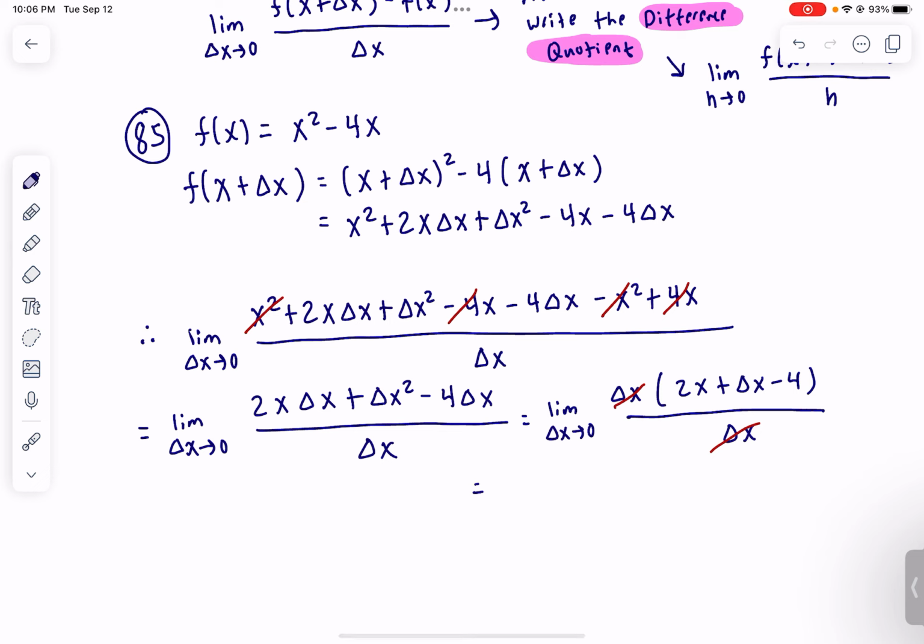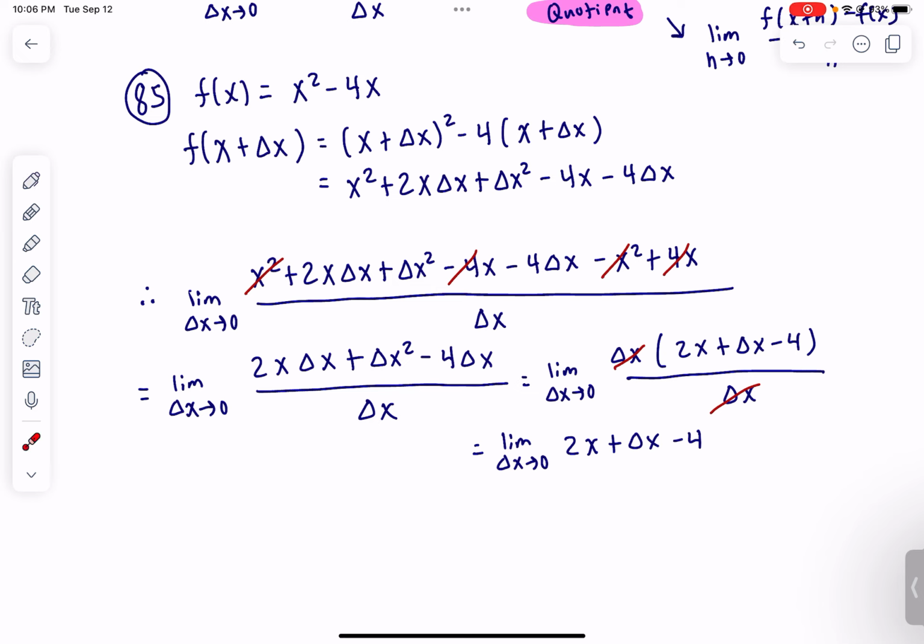And that'll be equal to the limit as delta x approaches 0 of 2x plus delta x minus 4. And then at this point, now we're actually able to plug in our delta x value of 0. So we'll plug in our 0 into delta x. So we have 2x plus 0 minus 4, which evaluates to 2x minus 4.